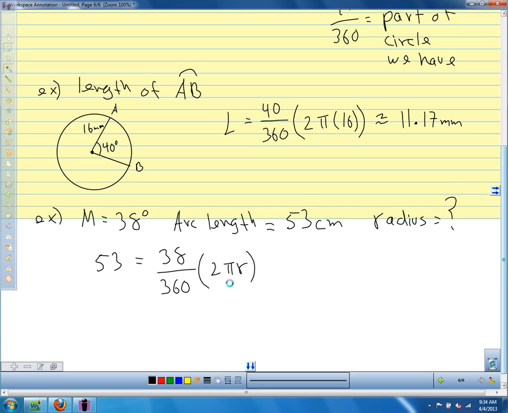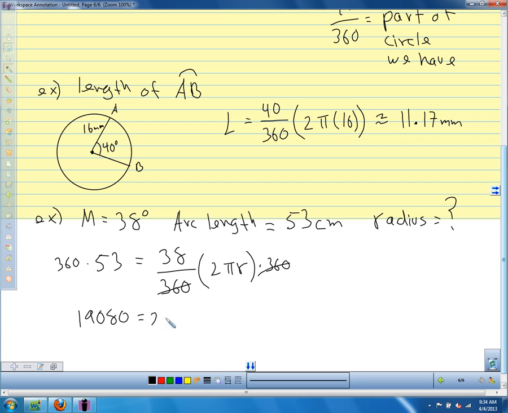So what I would do, first thing I think of doing here is I'm going to multiply both sides by 360. I want to get that 360 out of the denominator. When I multiply by 360, those go away. 360 times 53, I get 19080.